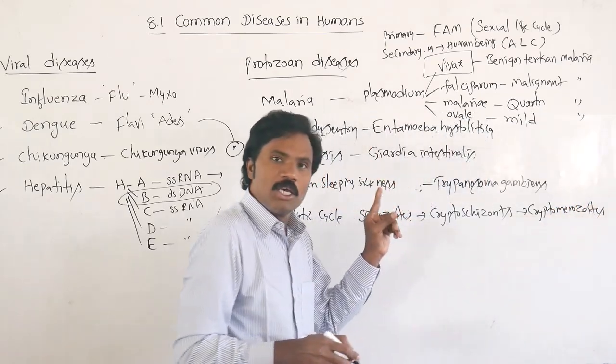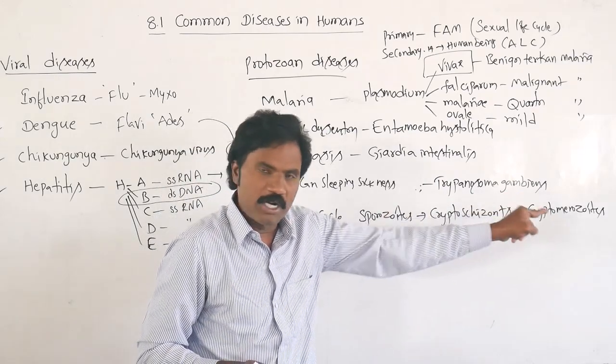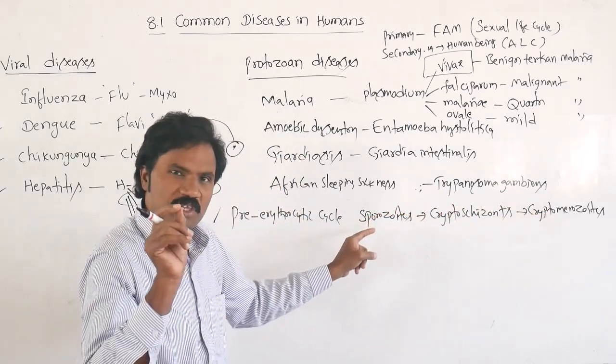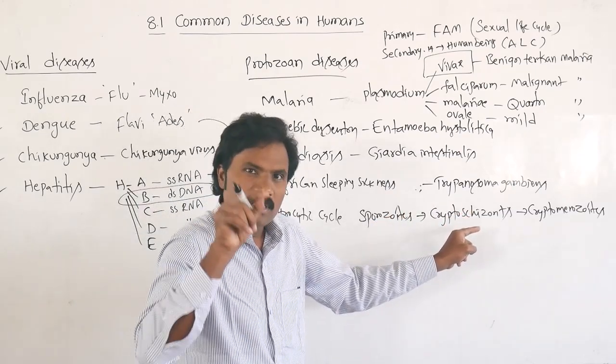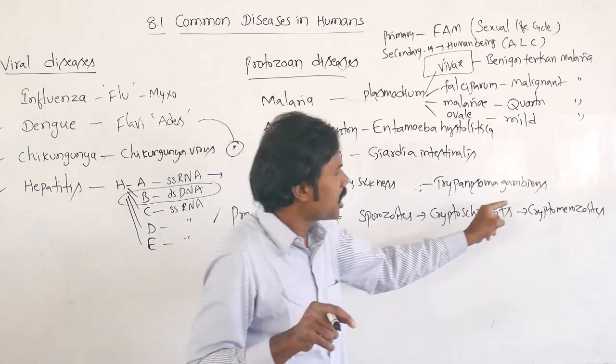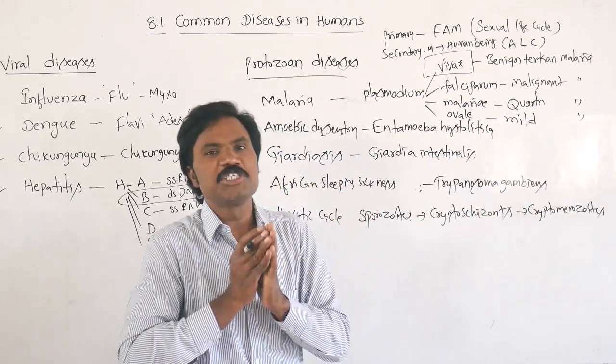That is very important. Sporozoites, cryptoschizonts, then cryptomerozoites. The sporozoite is sickle-shaped, the cryptoschizont is round, and the cryptomerozoites are spindle-shaped.